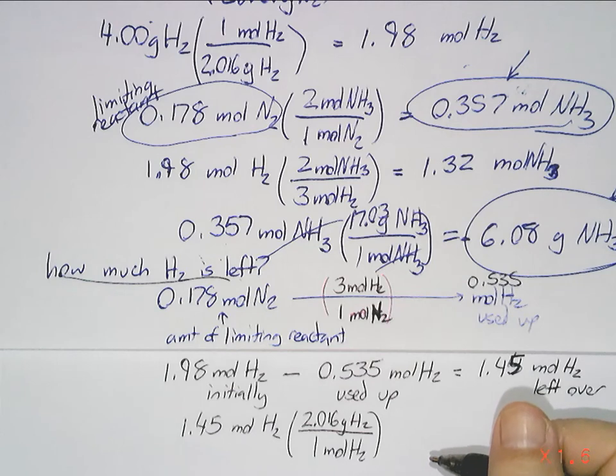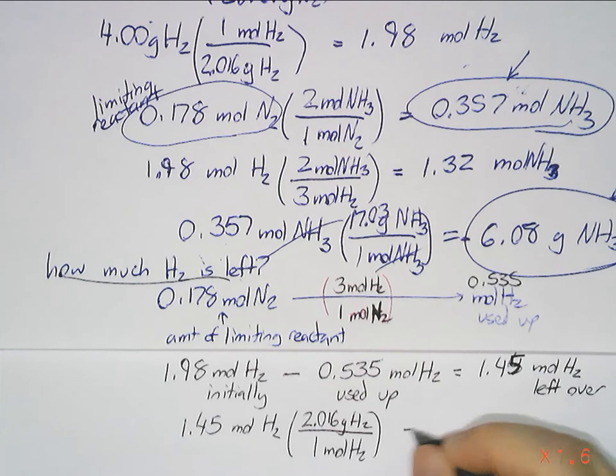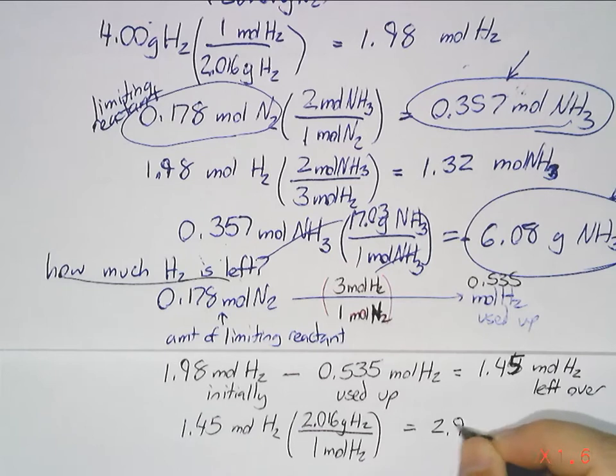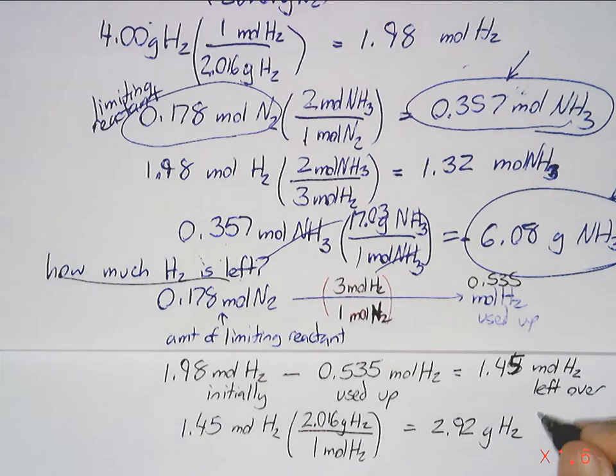So I take that 1.45 and I multiply it times 2.02. I'm going to get something like 2.9. What am I going to get? 2 grams of H2. All right, so this is left over.